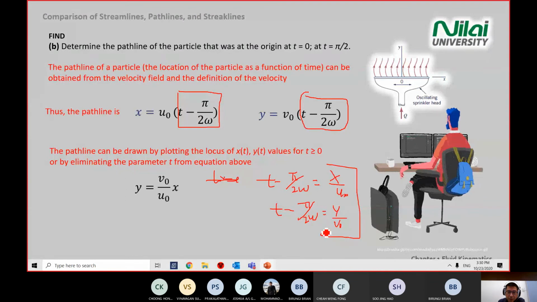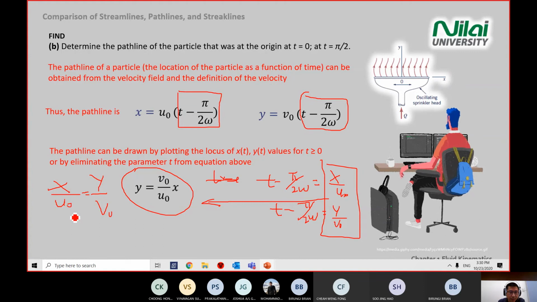So these two is the same thing because they are both equal to t minus pi divided by 2w. You rearrange these two together, you get this one, meaning x divided by u0 equal y divided by v0.